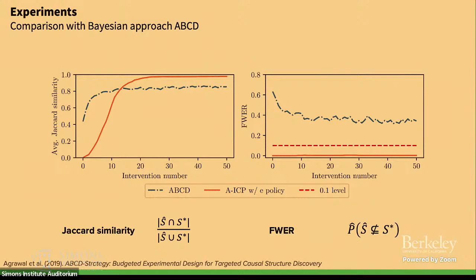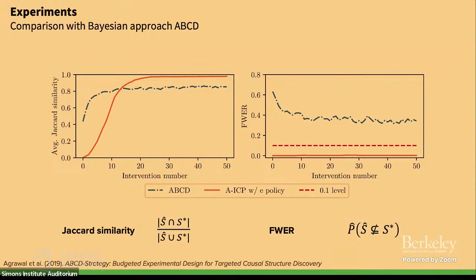And then on the right-hand side, we plot the family-wise error rate, which is here defined as the empirical probability that the estimate you get, S hat, is not a subset of S star. Starting on the left, what we see is that in terms of power, ABCD starts out higher. With just very few interventions, it gives us a higher car similarity, but then it somewhat plateaus towards the end and does not approach 1 as we perform more interventions.